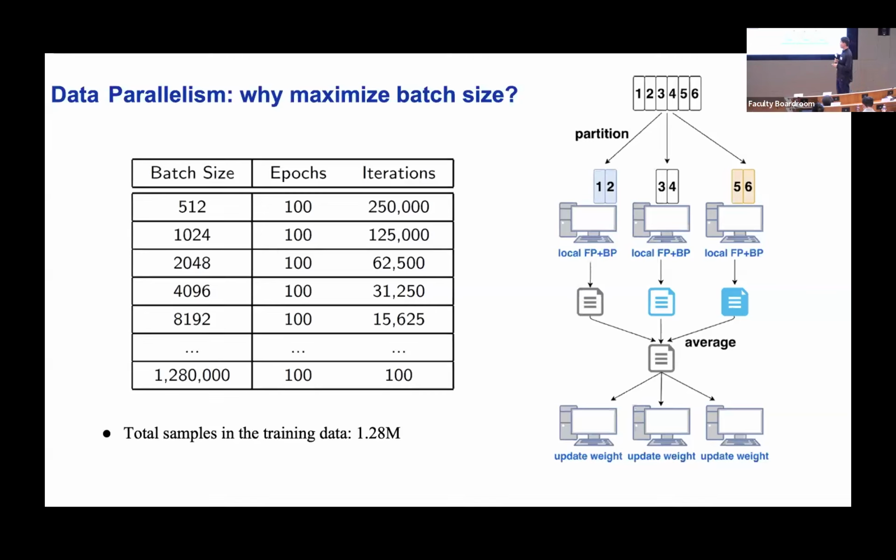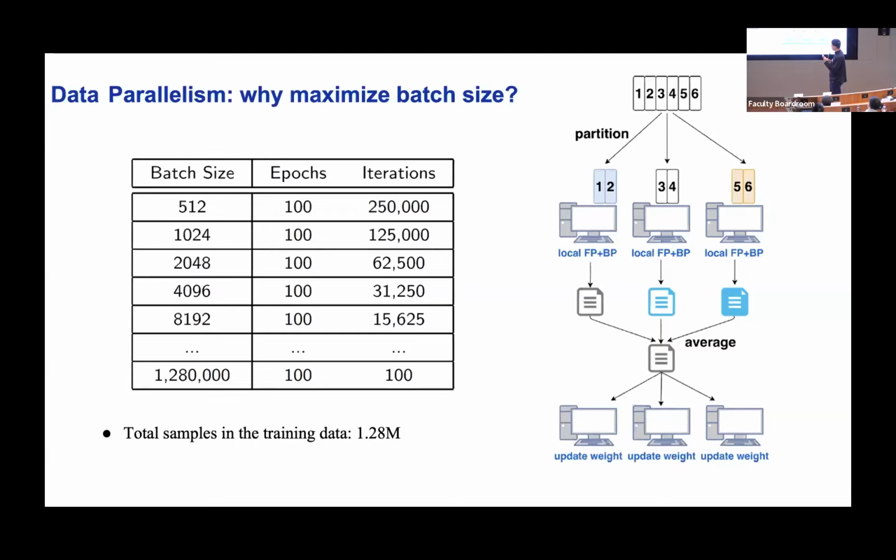So why is data parallelism so efficient? Because as we increase the number of GPUs, we increase the batch size. Assuming here the batch size 512 is the best batch size for one server or one GPU.